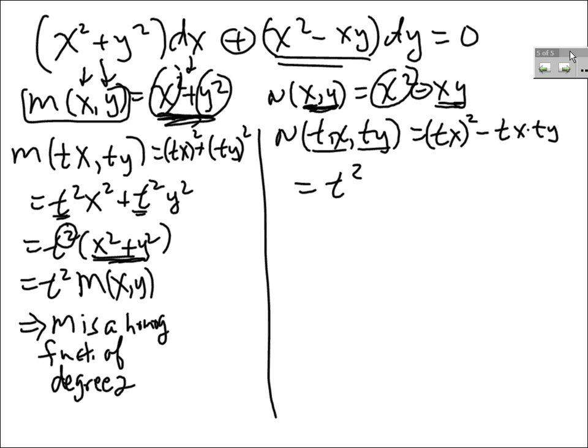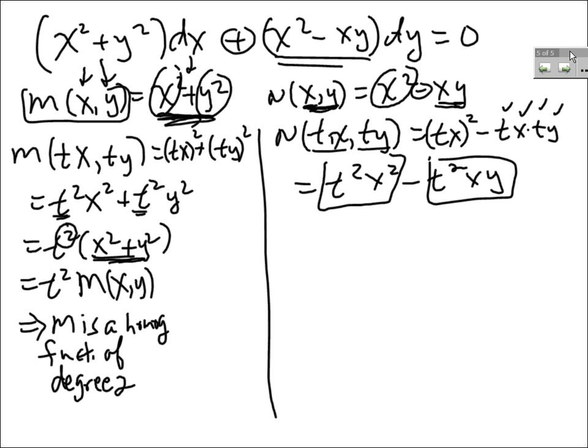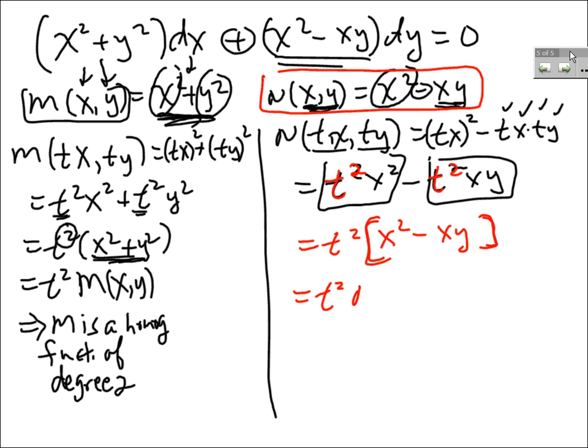And I get t squared x squared minus t times t, which is t squared, times x times y. So I get t squared xy. I factor out t squared, and then what's left, x squared minus xy, is what I write down. It turns out that what's in this bracket is exactly N of x comma y.